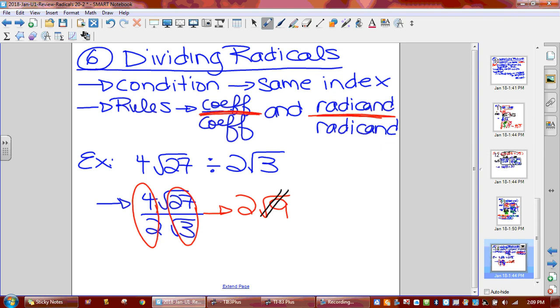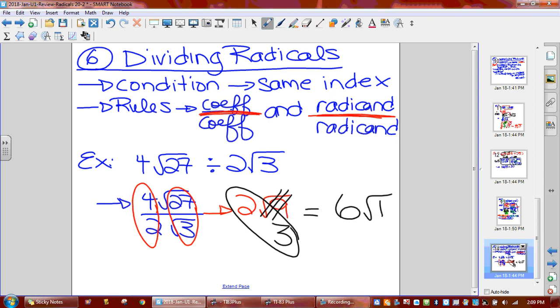Okay? Now, if there's more than one item on top, make sure that you divide by all of them. So, for example, you could have, let's start with some, we'll do these.